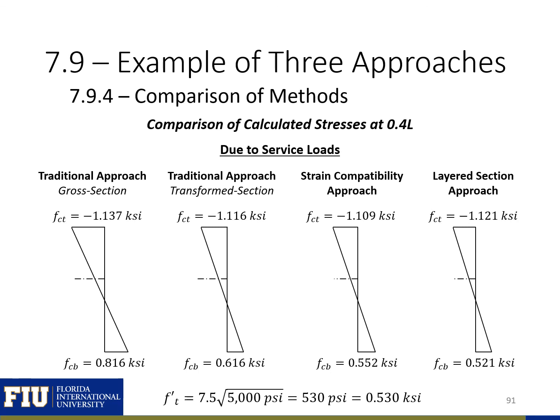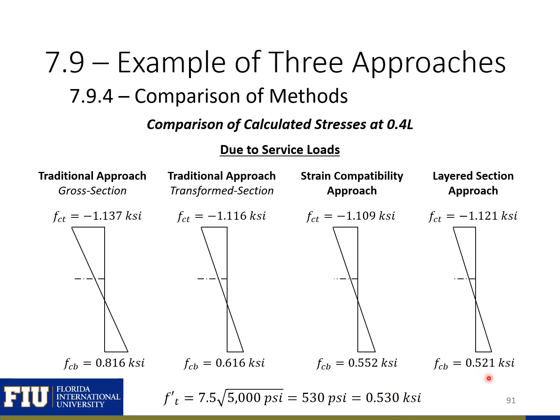And shown here are the stresses at 40% length due to our service loads. And again, you can see the biggest difference here. If we use gross section or net and transform section approach with the Force-in-the-Tendon, our stresses would not check compared to our code limit. Even if we use strain compatibility, it's still close, but our stresses still wouldn't check.